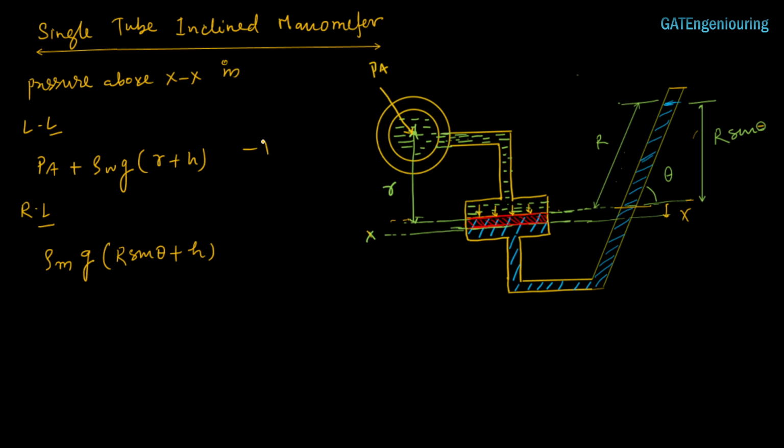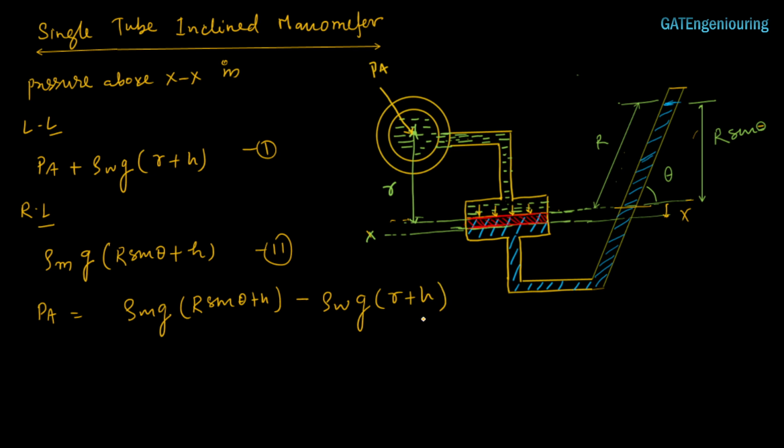So this is equation 1, this is equation 2, so we can quickly equate them, and we will be getting Pa is equal to rho m g into (r sine theta plus h) minus rho w g into (r plus h).